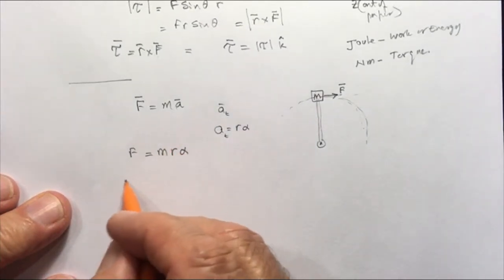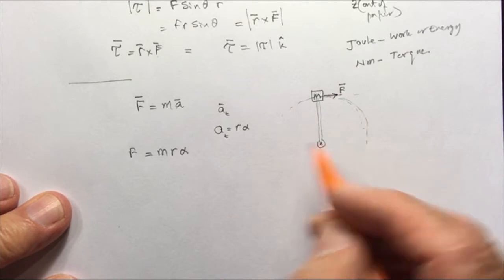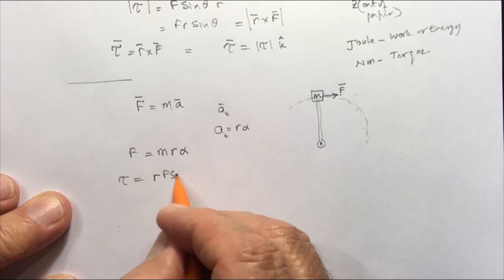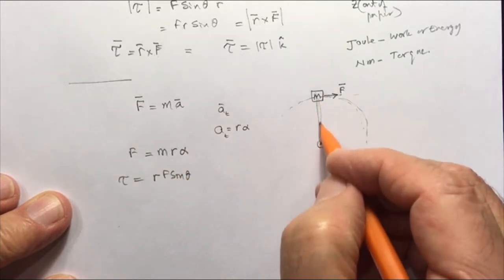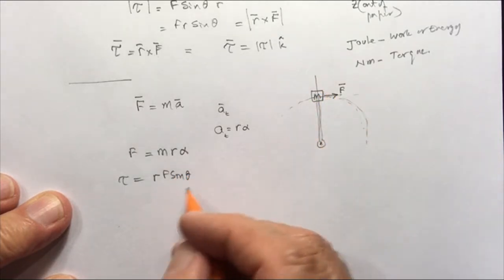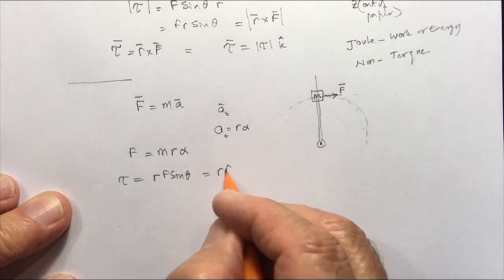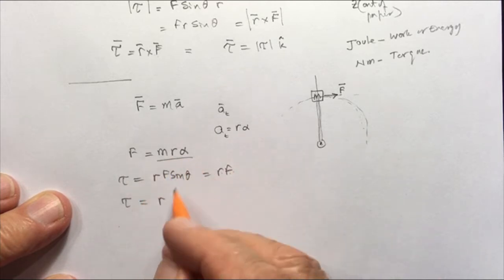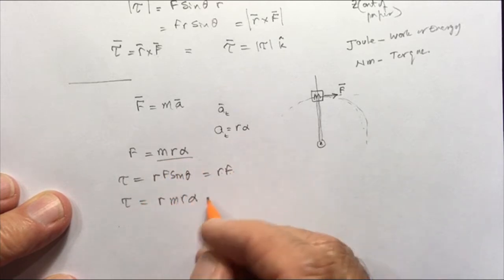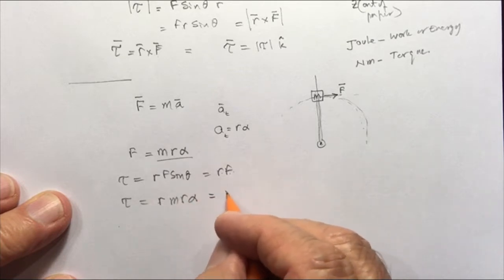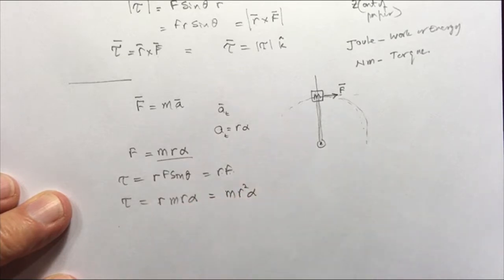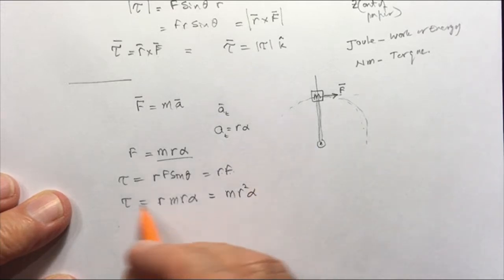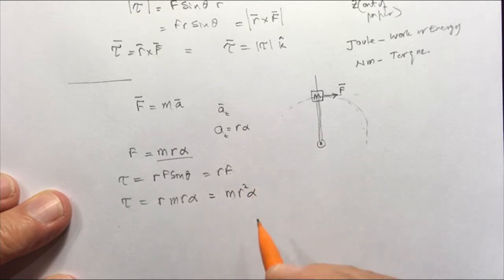So if you want to find the torque that this force exerts at this point, it's going to be R F sine theta, and the angle theta between R and F is 90 degrees, so sine theta is 1, so it's simply R F. So the torque is going to be R F, and F is m R alpha. So the R's can be combined together. We get m R squared alpha. And this is the equation that we were looking for, that the torque equals m R squared alpha.